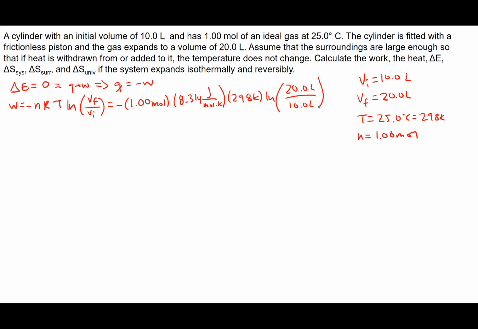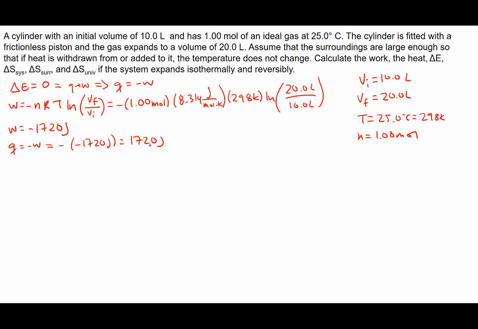If we plug that in, what we end up getting is negative 1,720 joules. And easily, Q is just going to be equal to negative work. So if Q is equal to negative work, then that means we're at negative of negative 1720 joules, which comes out to a positive 1720 joules.